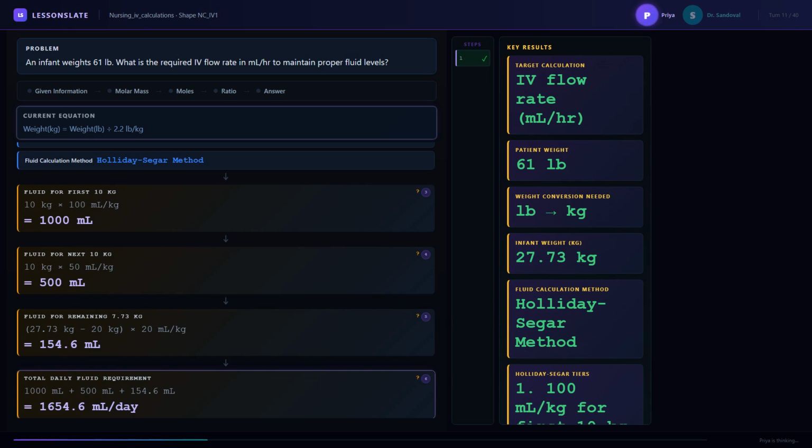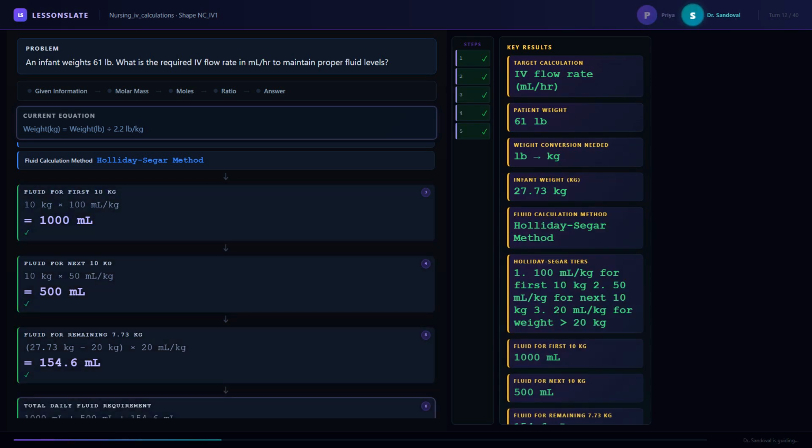For the remaining 7.73 kilograms, I'd use 20 milliliters per kilogram, which is 154.6 milliliters. My total would be 1,000 plus 500 plus 154.6, which is 1,654.6 milliliters for the day. Is that how I apply the last part of the Holliday-Segar rule?